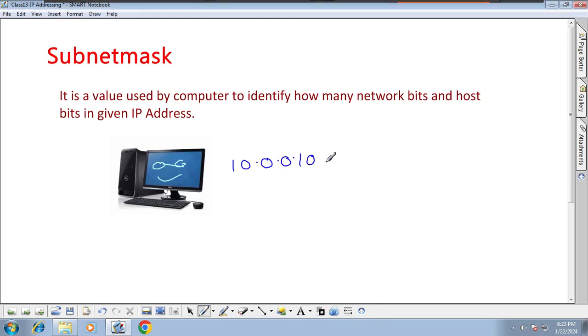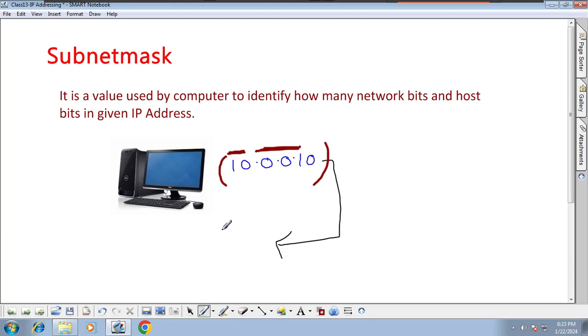But when you type only 10.0.10 and enter, it says, boss, something is missing. What is it? Subnet mask. When you give an IP address, the computer doesn't understand how many network bits and how many host bits are in the given IP. The computer must identify for itself how many network bits and how many host bits.